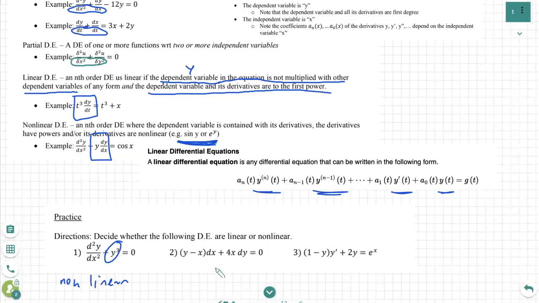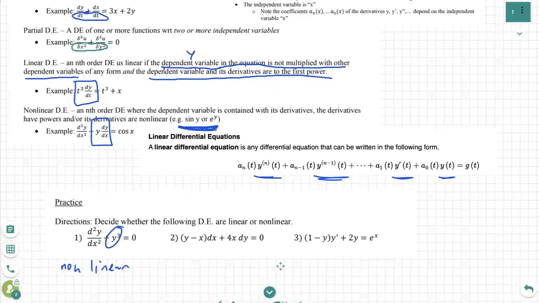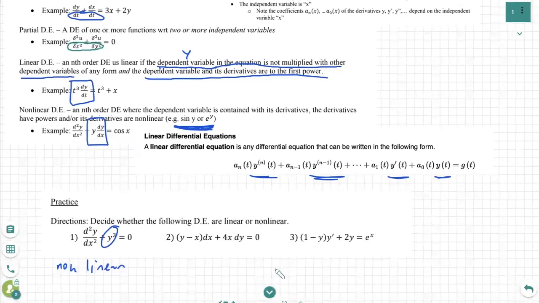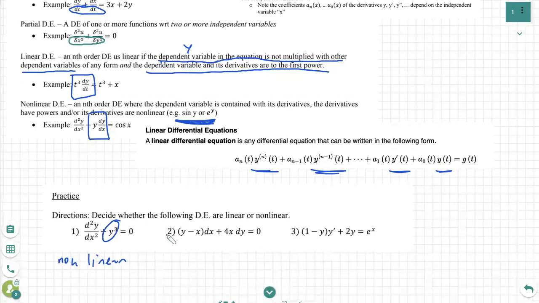All right, what about number two? Number two, you're going to have to rewrite it. Yeah, why is that? They're all separated, basically. I think it's easier to see if you rewrite this. I moved the 4x dy to the other side, and then I divide by dx.